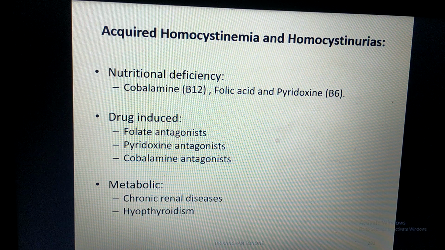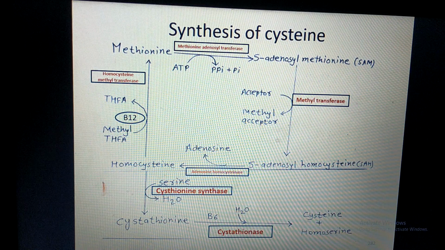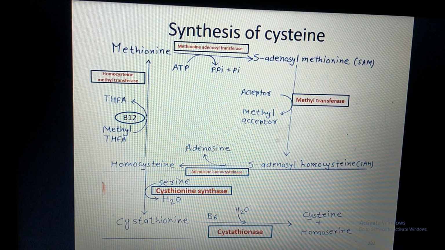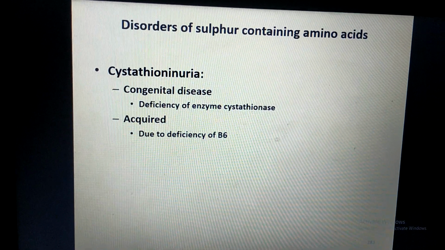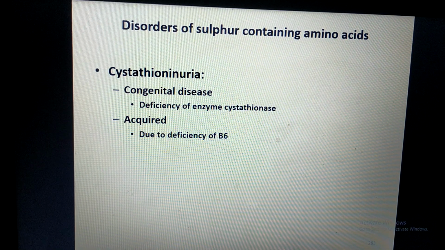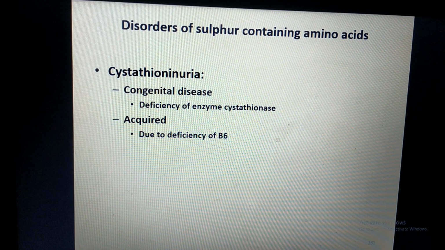In metabolic causes like chronic renal failure and hypothyroidism, the enzymes required for cysteine or methionine metabolism are not synthesized in proper quantity in the body. Therefore, homocysteine is not utilized and its level in the blood increases. Next disorder is cystathionuria. Again, it is also due to congenital and acquired.